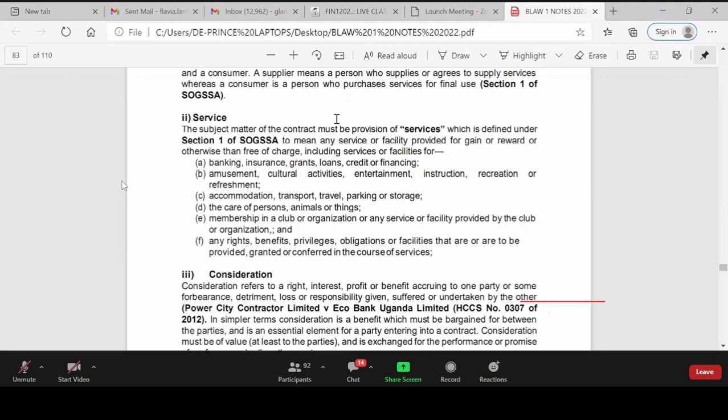Maybe you want decoration services. You hire a decorator. They come with physical things to decorate, chairs, tables. And when you're sitting on the chair, it falls, breaks, you hurt yourself, you're injured. You're not going to sue the decorator for breaching a contract for sale of goods because of that chair.